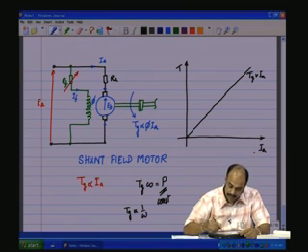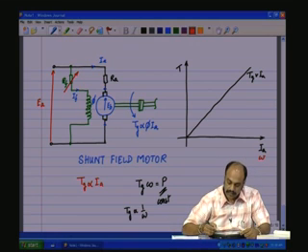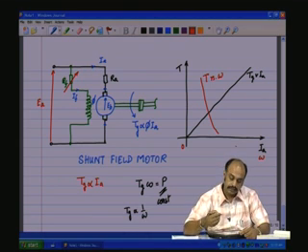So, if we have speed as one of the axes, then T with respect to speed is going to decrease like that. T is inversely proportional to omega. So, as omega increases, torque is decreasing.